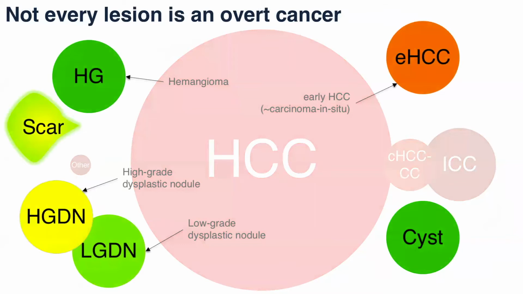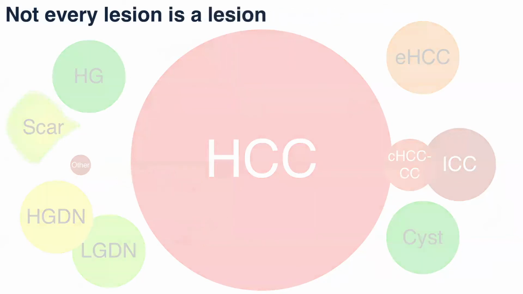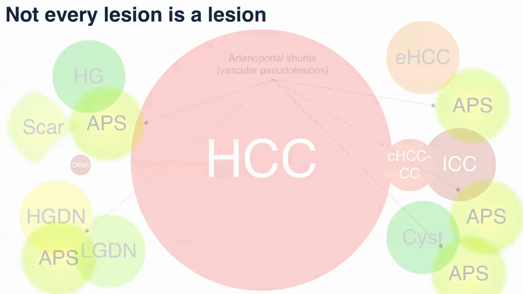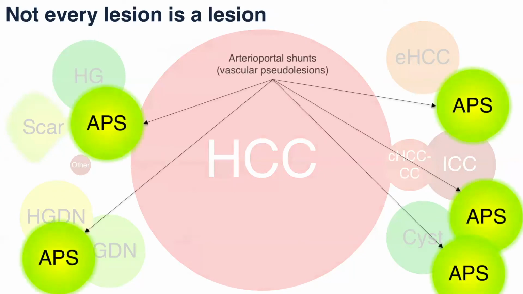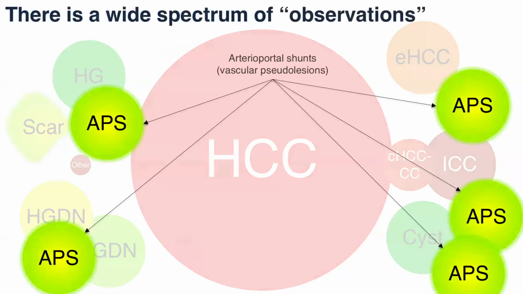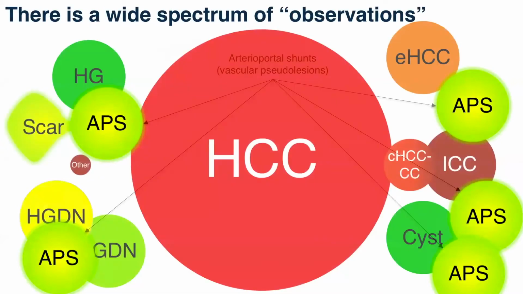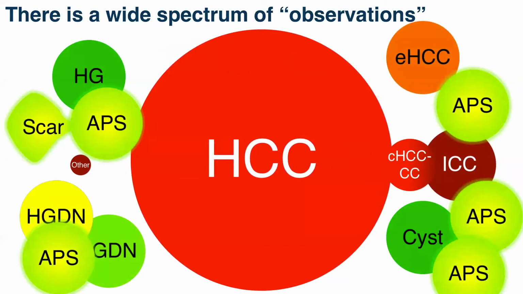And it's still more complicated because not every lesion in the cirrhotic liver is even a lesion. We have the pseudo lesions, usually due to arterial portal shunts, but sometimes due to hypertrophic pseudomasses, sometimes due to artifacts. And so the entire spectrum of observations in the cirrhotic liver is quite broad.